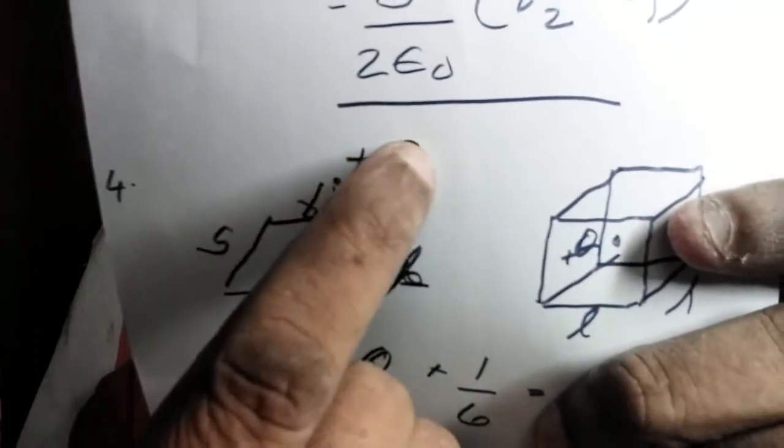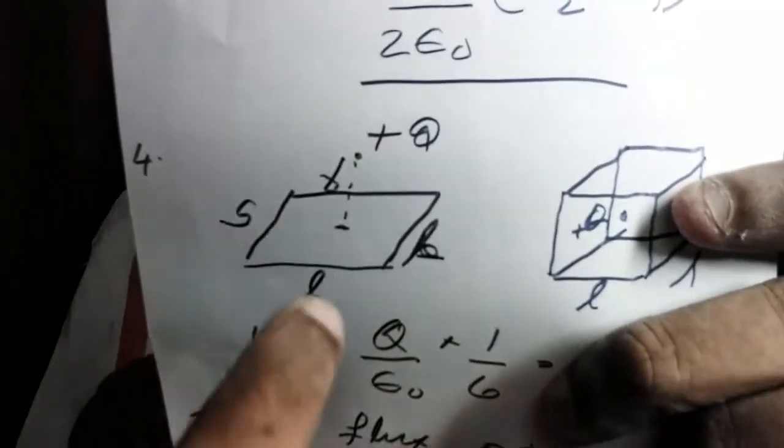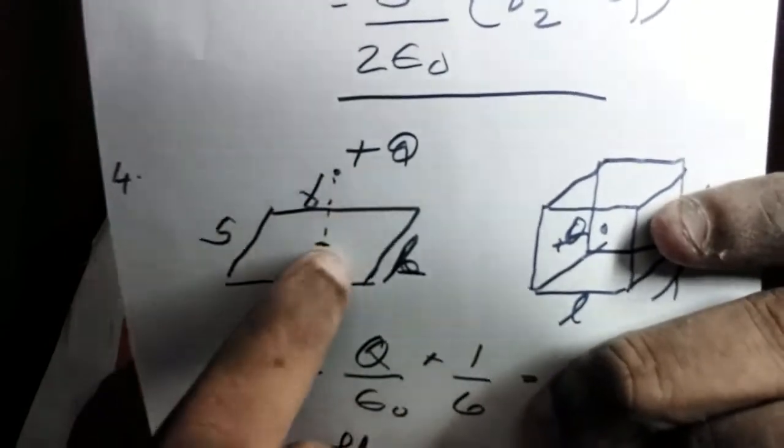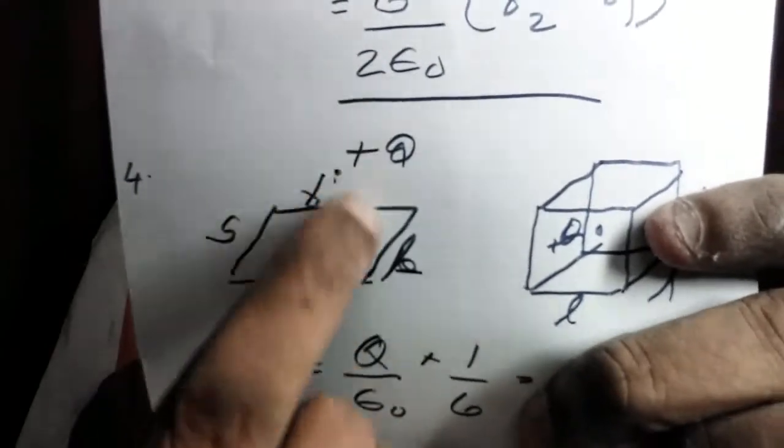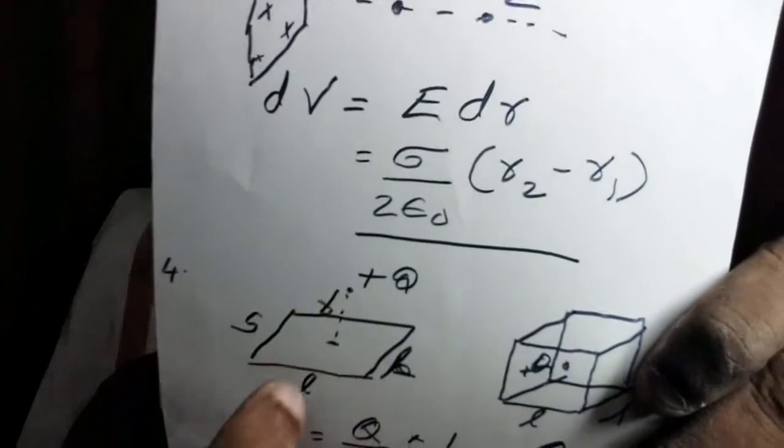And a point charge is placed at this point, which is at a distance r from the surface. Here the question is, what is the total flux passing through the surface due to the charge Q? How will you find it? In the question you are given, this R is less than L.